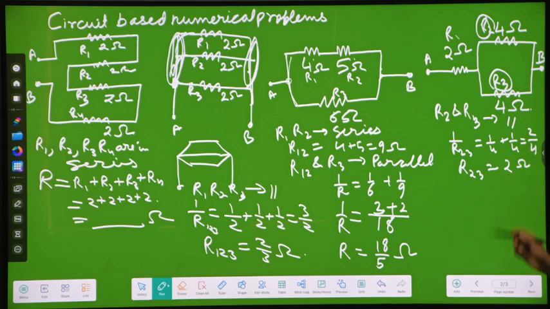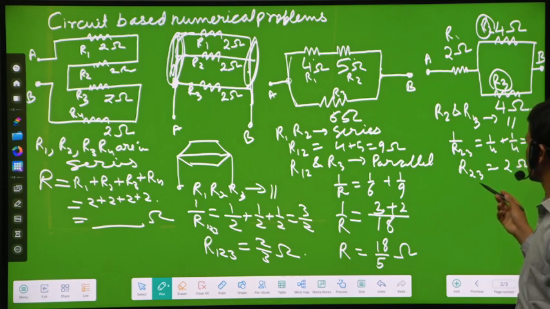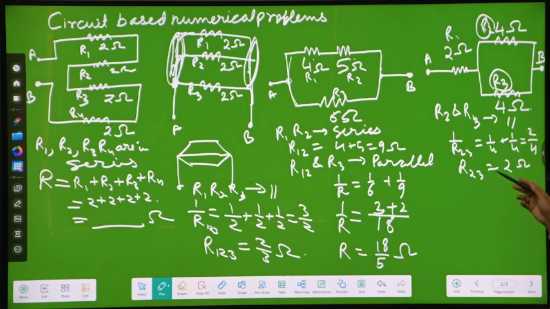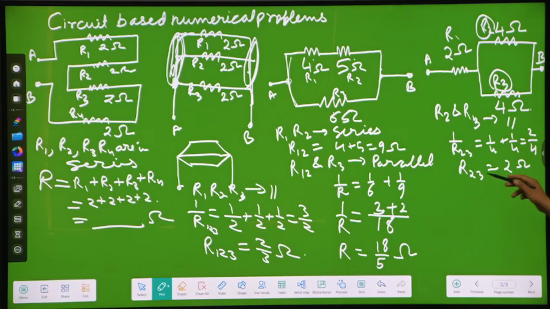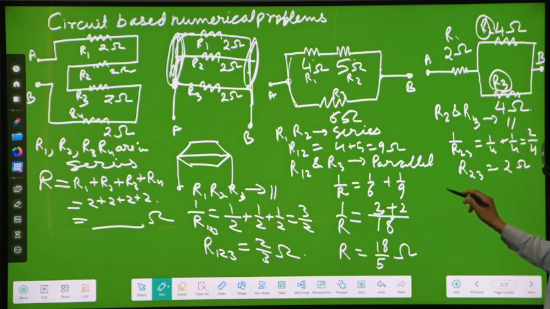We have to take the reciprocal of the final value which comes, because it is 1 upon R. And now this R23 and this R1 are in series. So R1 and R23 are in series.